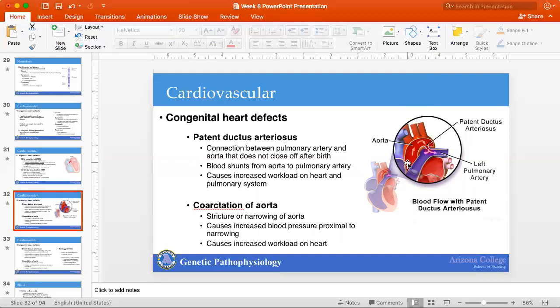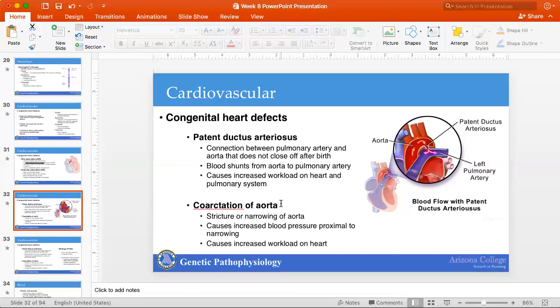But what will end up happening is that because this is open, it's going to pull the blood back down into the pulmonary circulation. So it's going to increase blood into that pulmonary system. Again, this will lead to pulmonary hypertension. And with that, you'll have increased fluid and difficulty for them to breathe within the lungs.